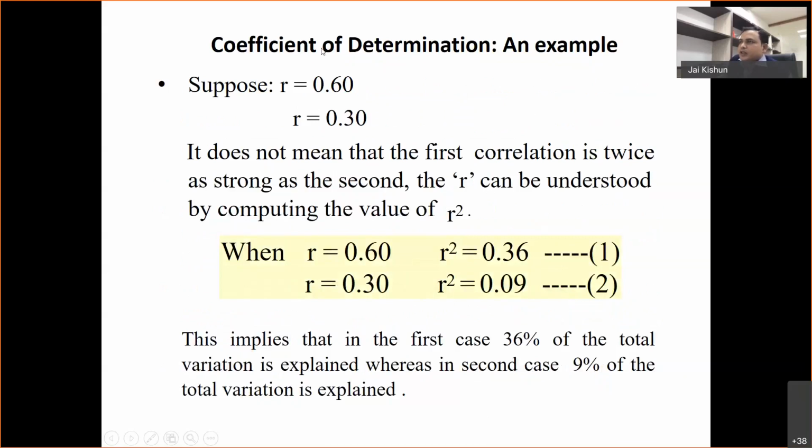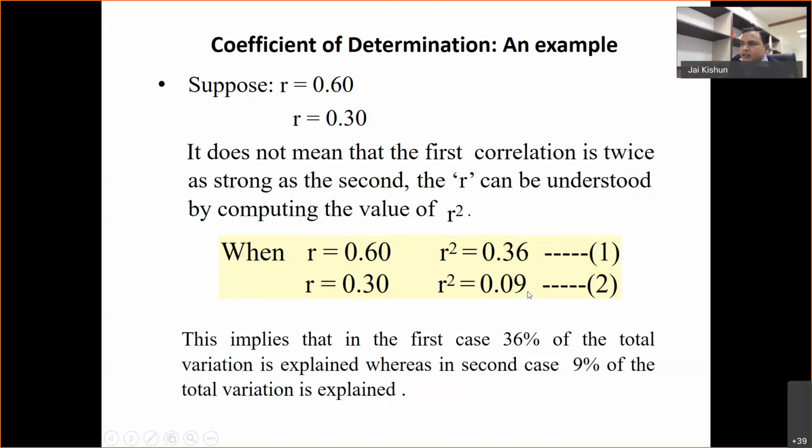Here we have taken another example. Suppose we have two values of R, one is 0.6 and another is 0.3. As I told you, R square is the coefficient of determination, so we cannot say that the first R is twice as strong as the second R. When we take R square, this is 0.36 and this is 0.09.